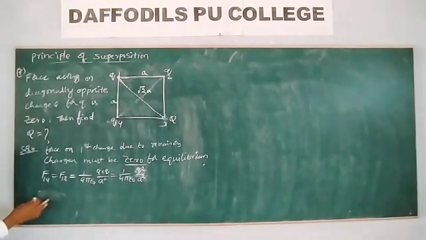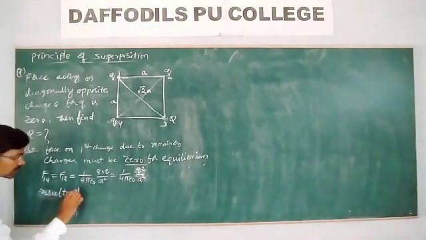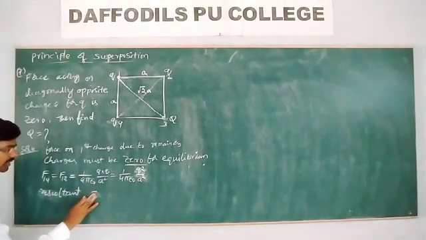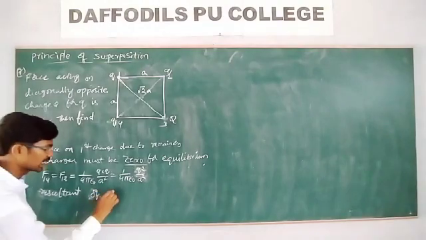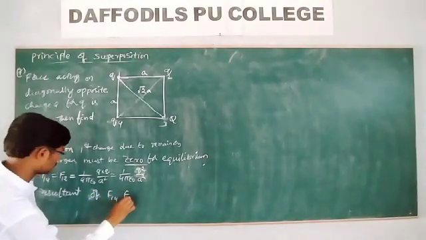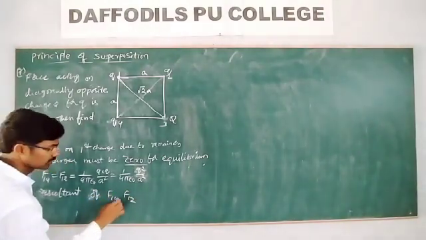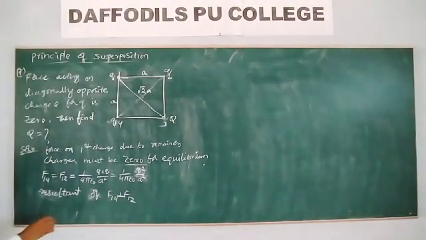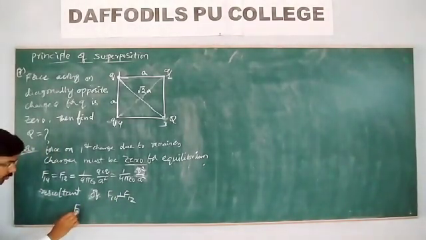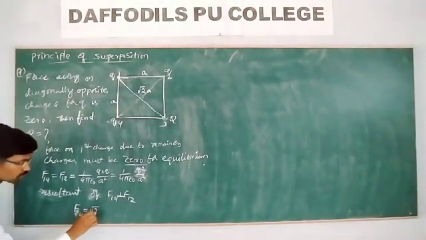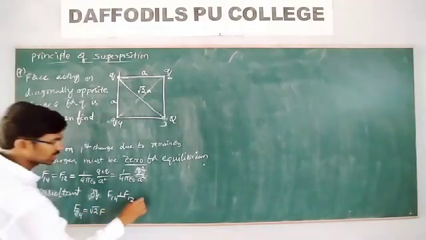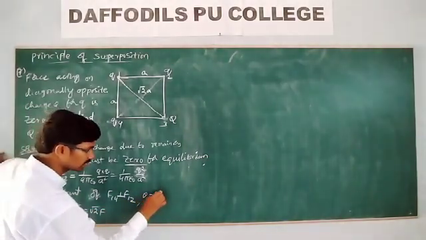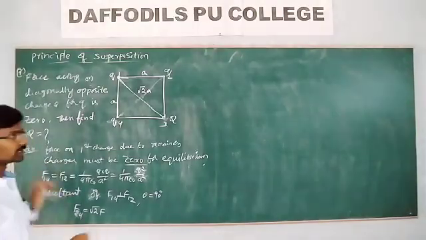First let me calculate the resultant of F14 and F12. Both are perpendicular to each other. Then what is the resultant? It is root 2 F, since theta is equal to 90 degrees, as we already calculated.